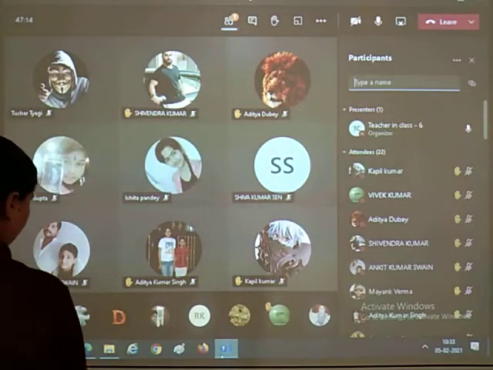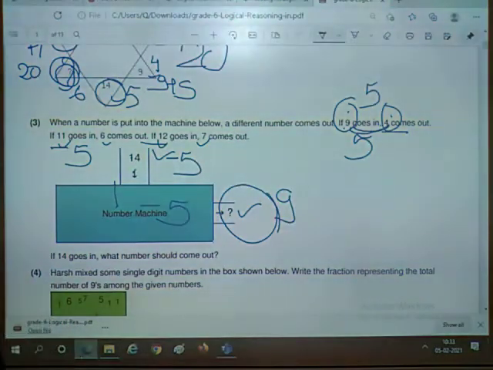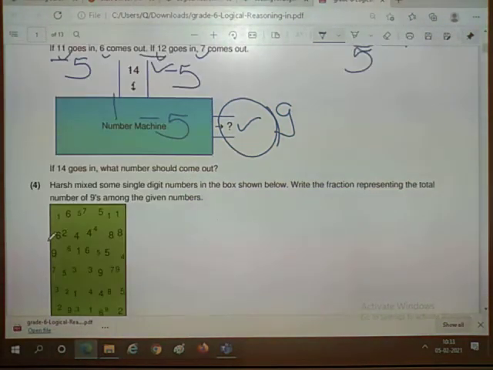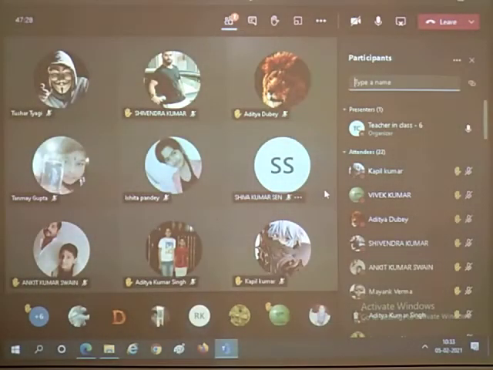Who is going to tell me? Mayank Verma. I want the answer of question number 4. Mayank, are you there? He is not listening. Okay, Ankit Kumar Swain.